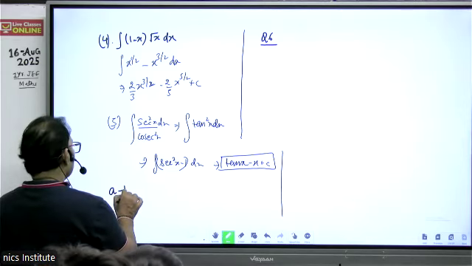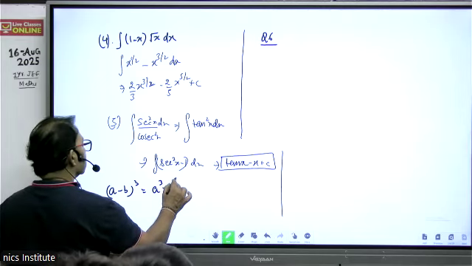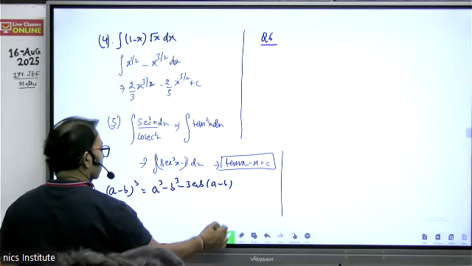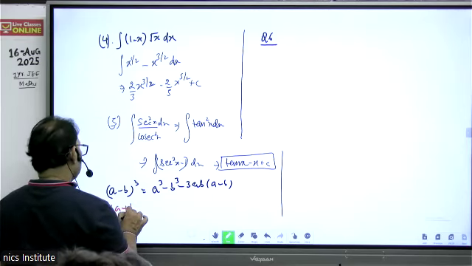A minus B whole cube is A cube minus B cube minus 3AB into A minus B. Whereas in case of plus, everywhere you'll have plus. All the terms would be plus.